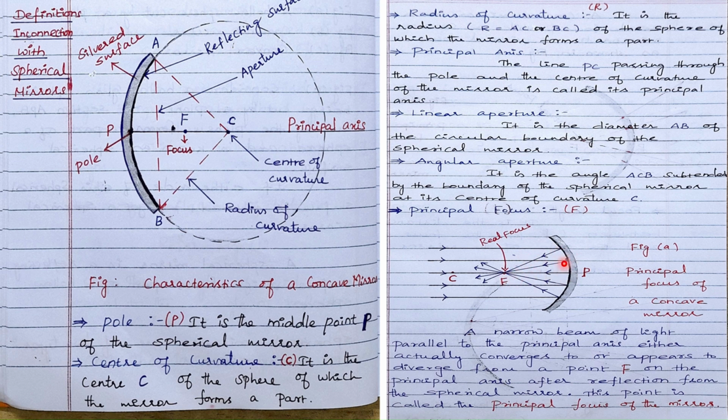The light is incident on the concave mirror, gets reflected, and converges at a certain point. That point is called the principal focus of the mirror. This is the real focus. So a real focus occurs in a concave mirror. Clear?